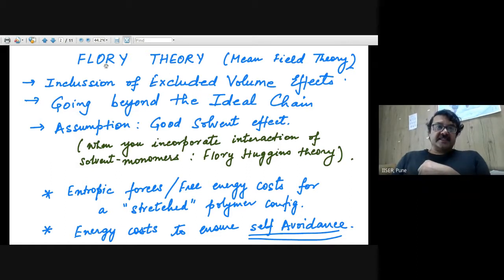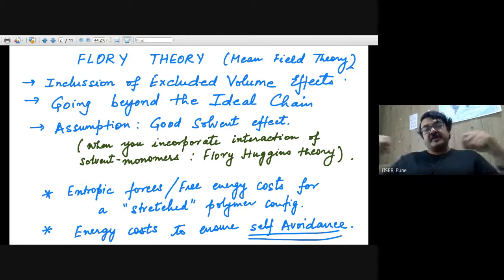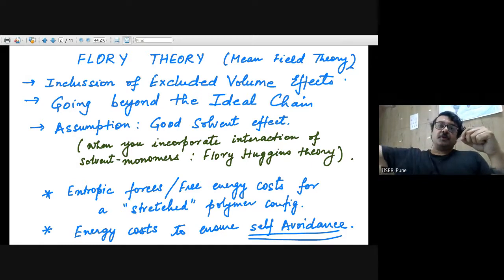And that is basically the Flory theory, when you incorporate the effect of excluded volume. So what is excluded volume? Two monomers occupy a finite volume, and so the jth monomer, which might be far away along the chain contour from monomer number i.